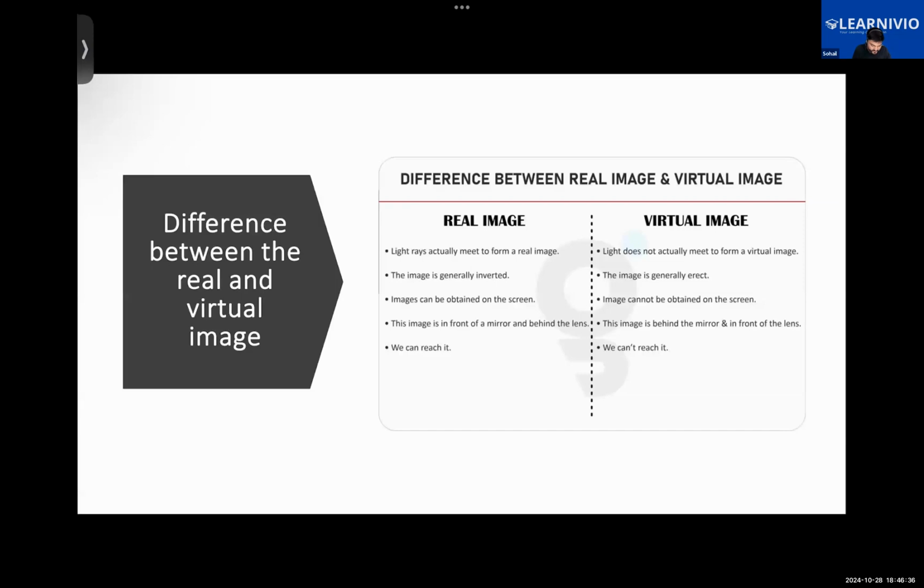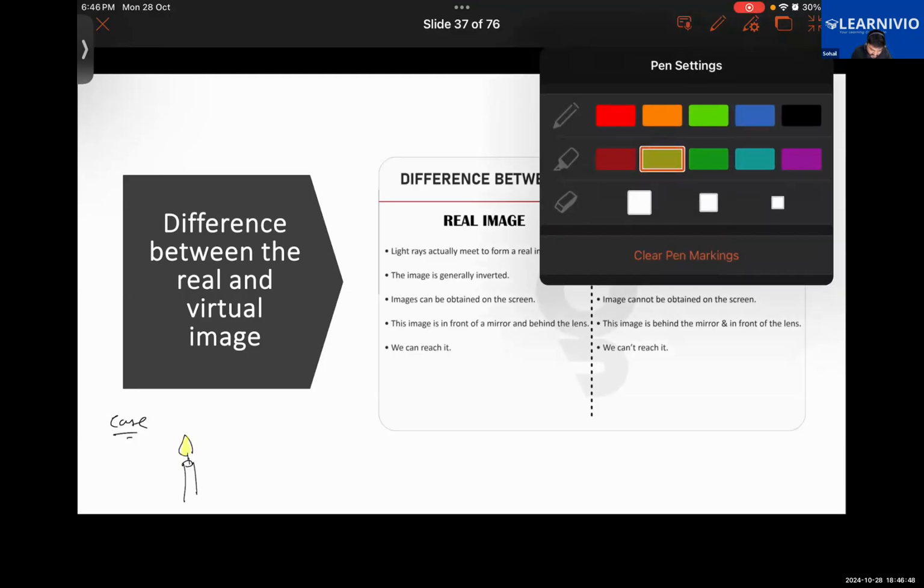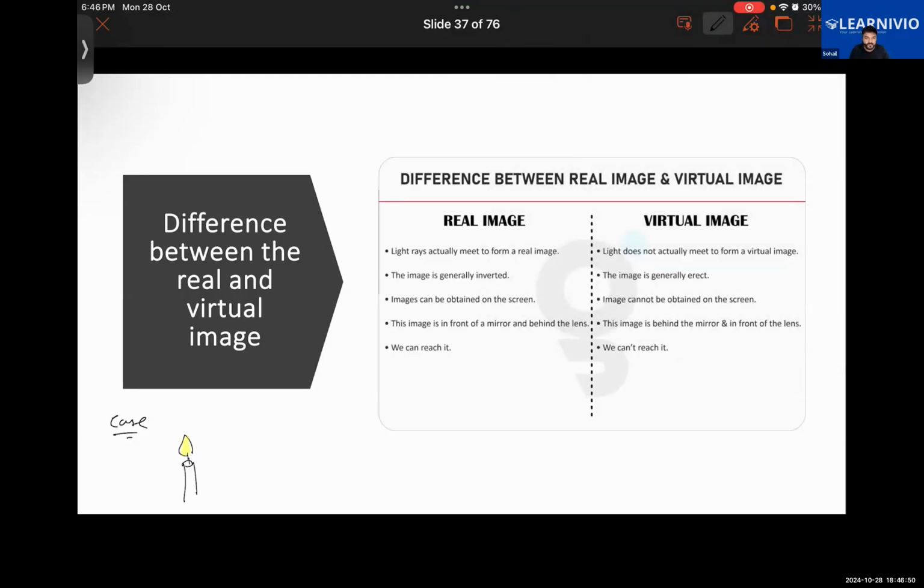Say, for example, this is a candle, and that is the flame of the candle. How many zones are there in the candle flame? 3. Very good. So say you have placed a convex lens. What kind of lens have I placed here?